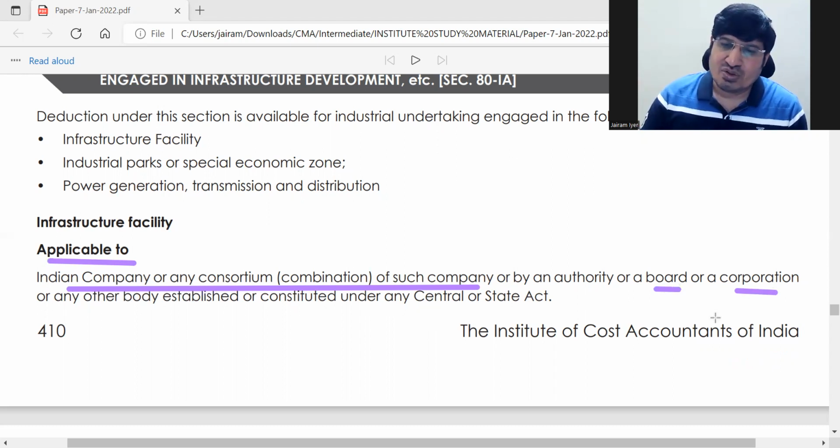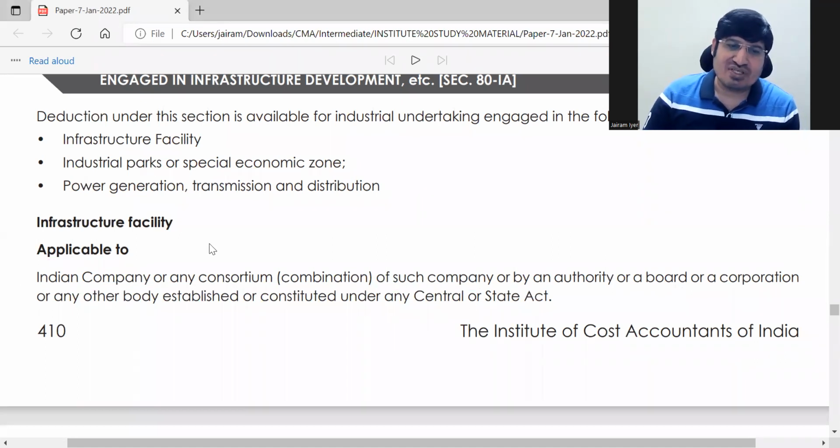So such a name may also come up, a statutory corporation like a board or corporation. So basically, infrastructure facility, to whom is it applicable? It is applicable to an Indian company or a group of such companies or government companies, that is, a body established by a central or state act, meaning a statutory corporation.